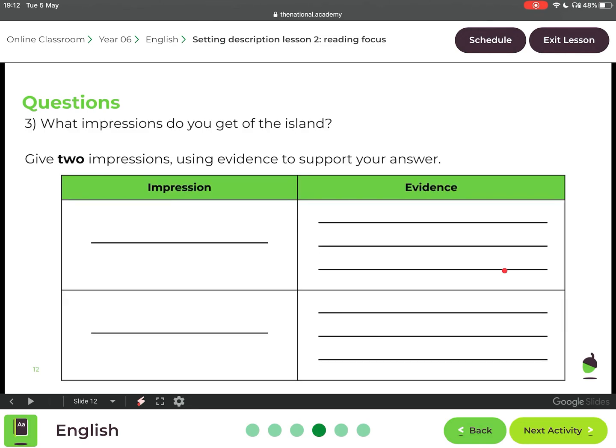Question 3. What impressions do you get of the island? Take 2 impressions using evidence to support your answer.